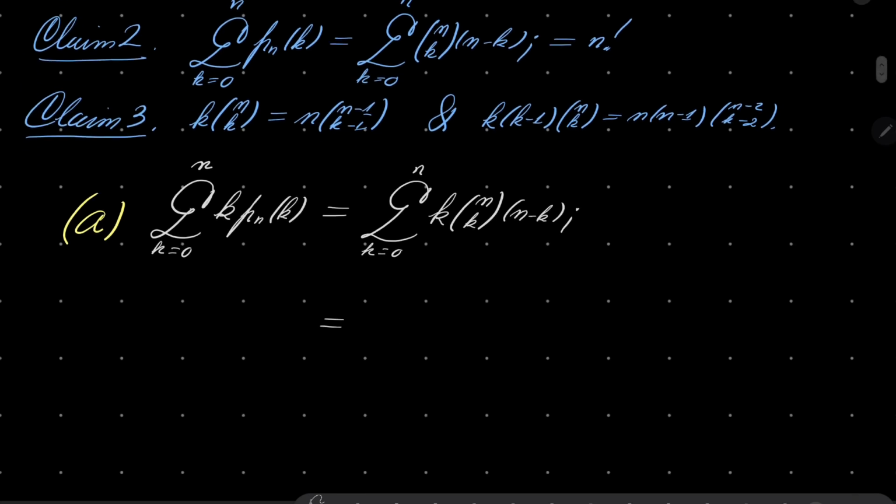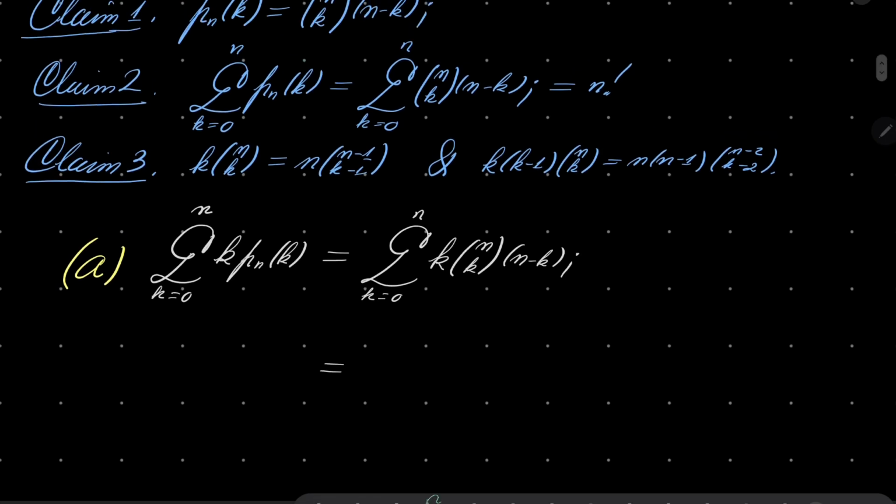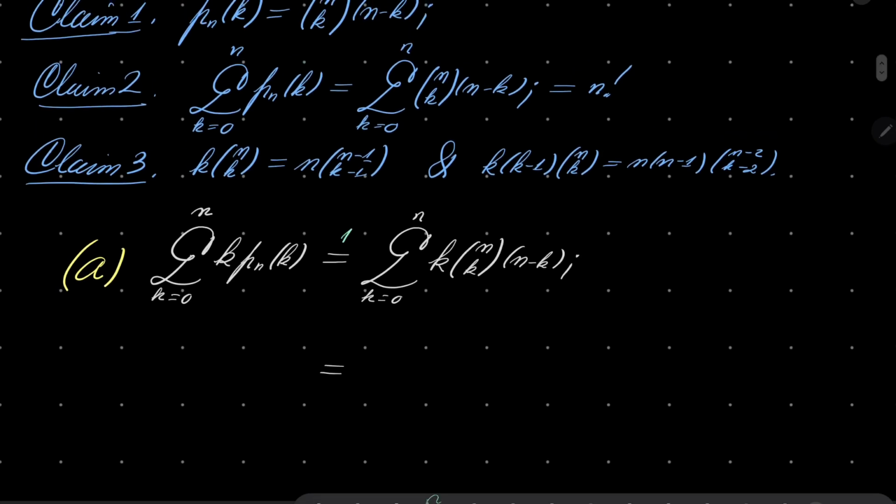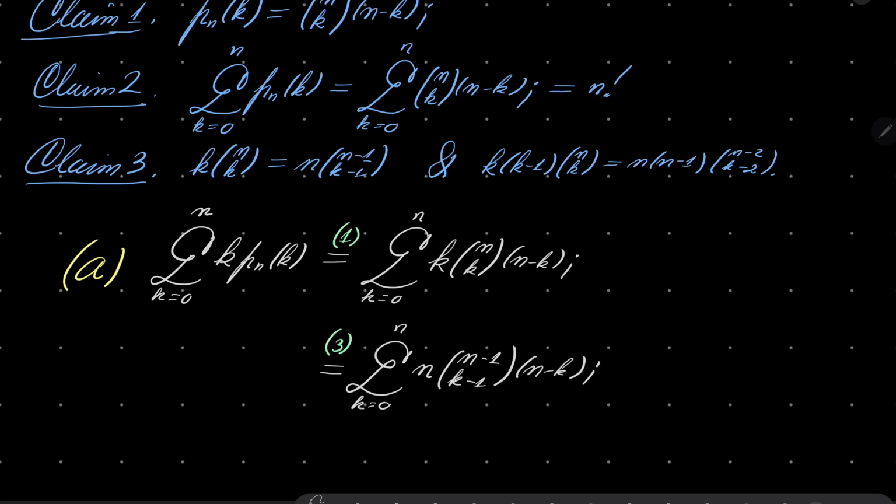So it's by claim number 1. And now, by claim number 3, instead of k times n choose k, we can put n times n minus 1 choose k minus 1 times n minus k subfactorial.